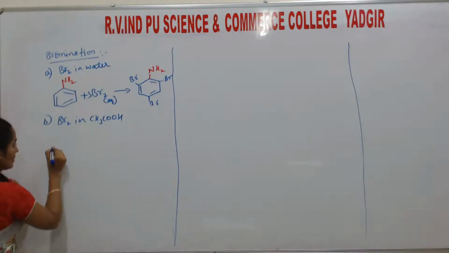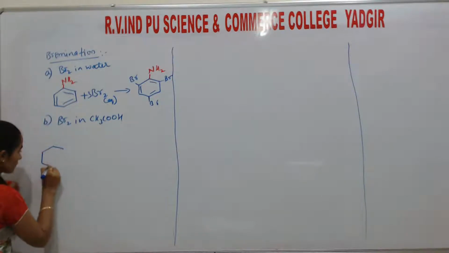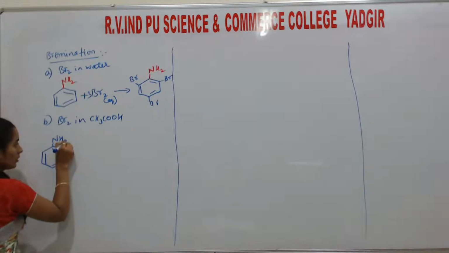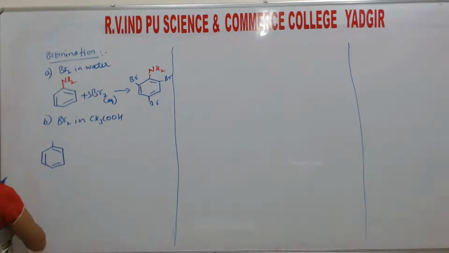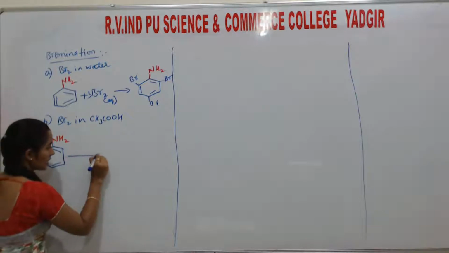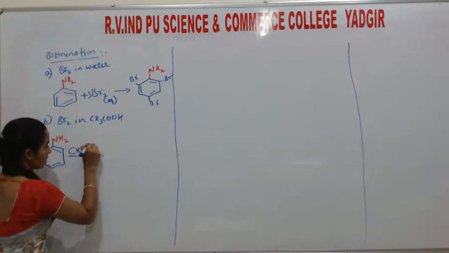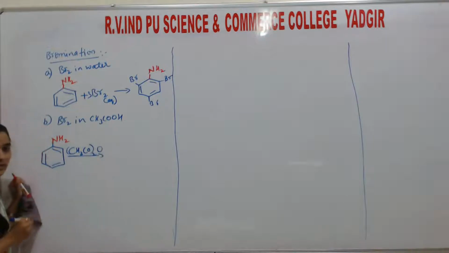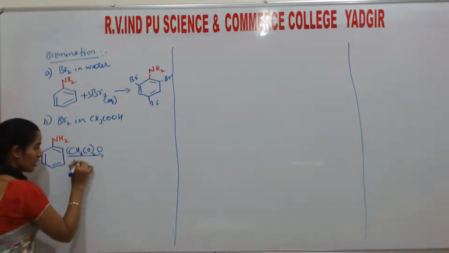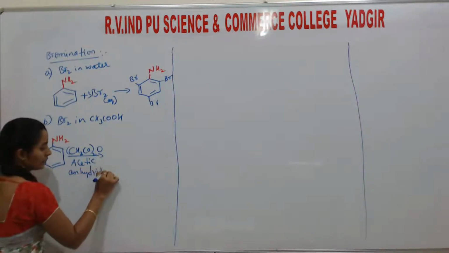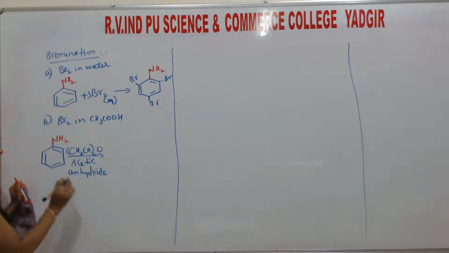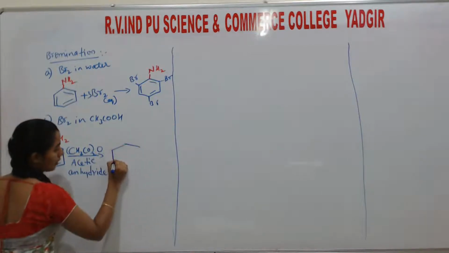So first, listen, this aniline is protected by reacting with CH3CO twice O, acetic anhydride. Okay, students.